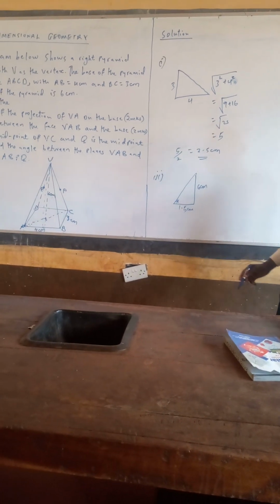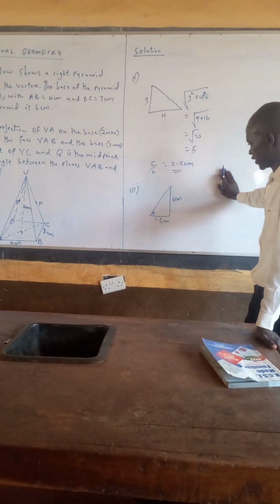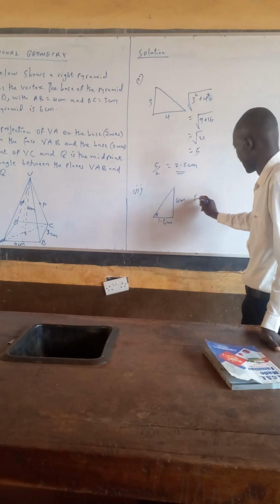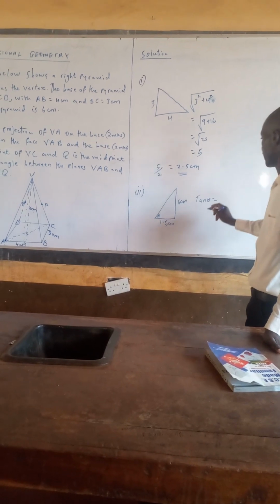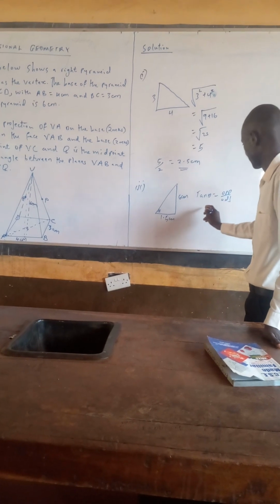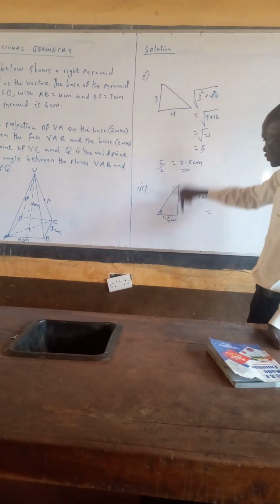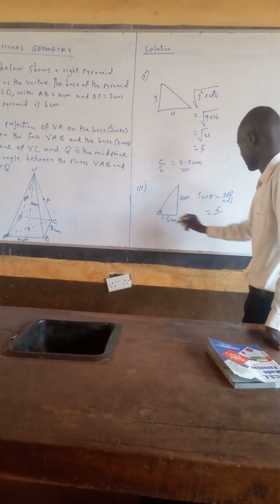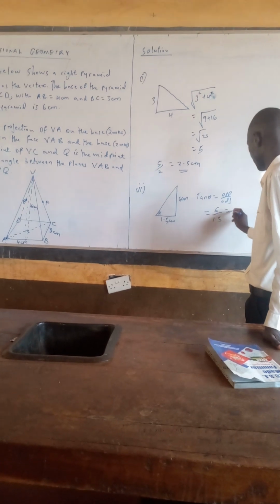So to get that angle, we shall apply the SOHCAHTOA rule. We shall say tan of theta will be equal to opposite over adjacent. So for this case, the opposite of this angle is 6, and the adjacent is 1.5, so that this gives us 4.